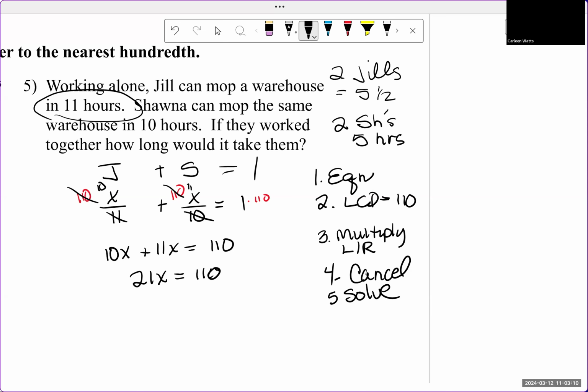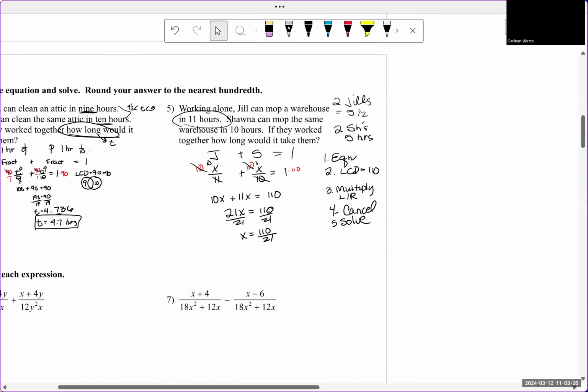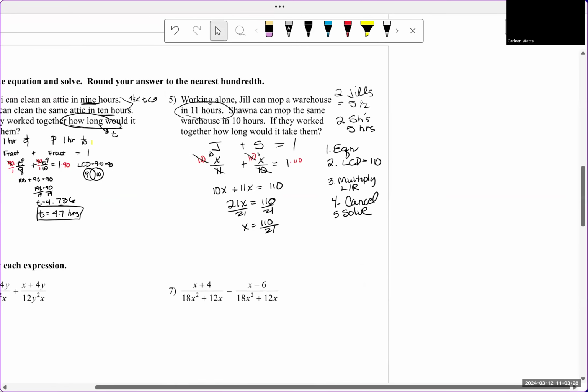Notice these equations are actually easier than 1, 2, and 3 that we did because they only have a number on the bottom. Divide by 21. X is equal to 110 divided by 21. Okay, so that is solving equations.